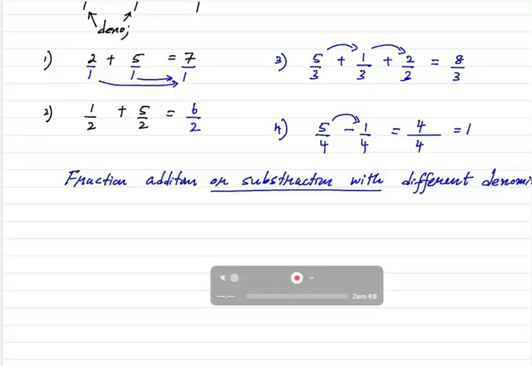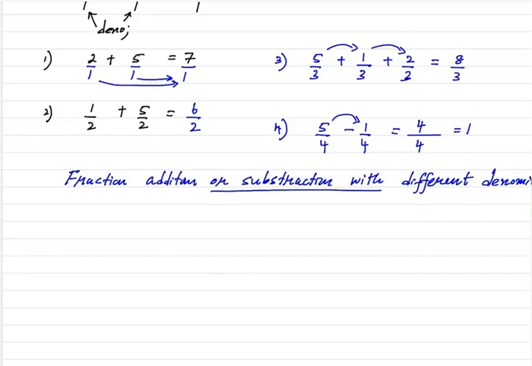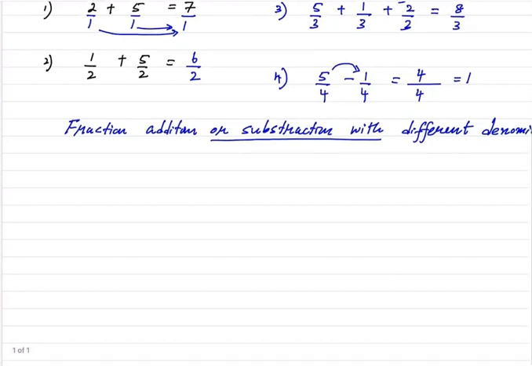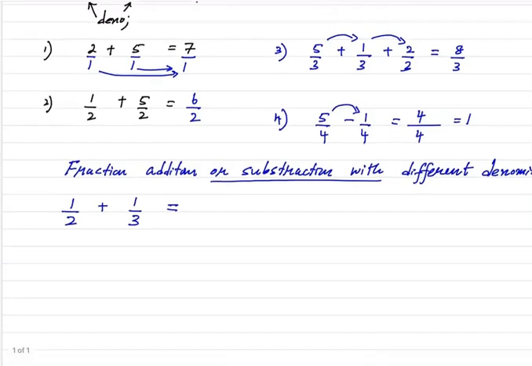Now what we are going to do is we are going to discuss the fraction addition or subtraction with different denominators. So we will take this example here. Easy example. 1 divided by 2 plus 1 divided by 3. How to solve this, right? Now when you have a thing like that, can you see that these two are different? So if those two are different, you can't add, right? So that is what we learned.